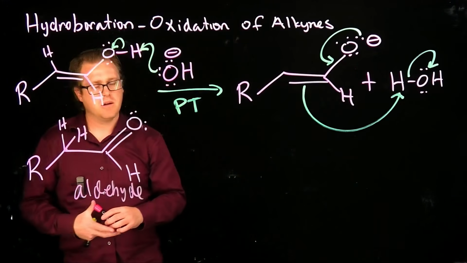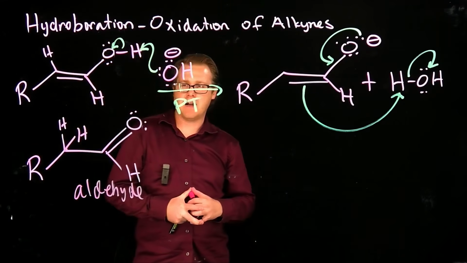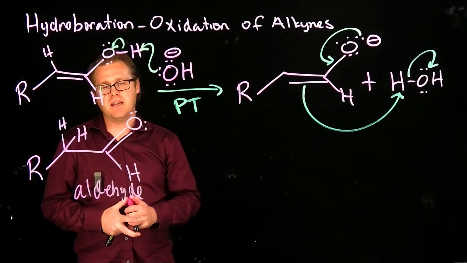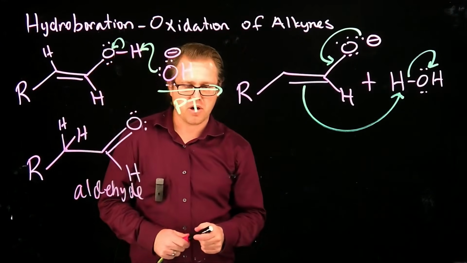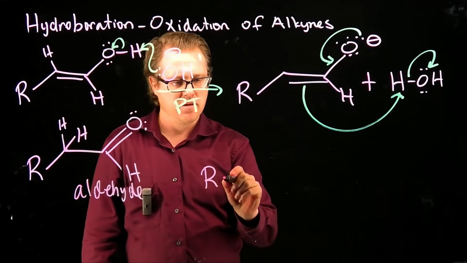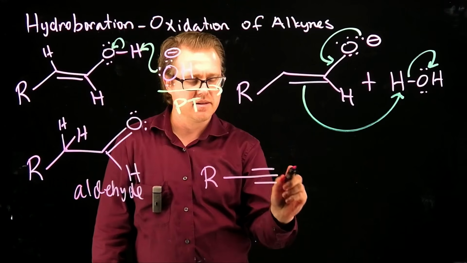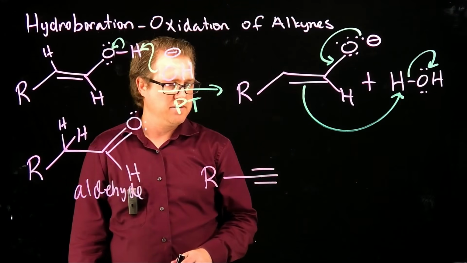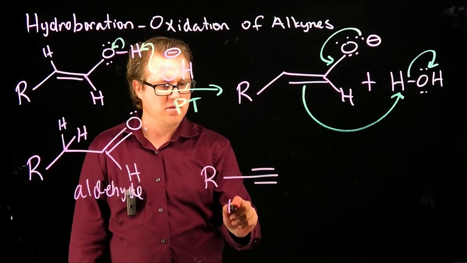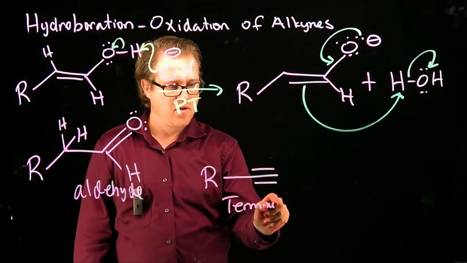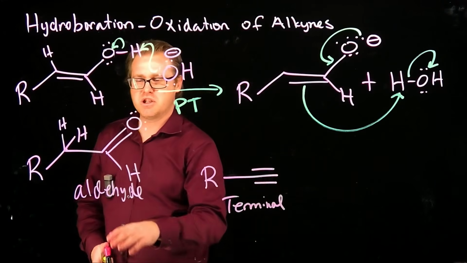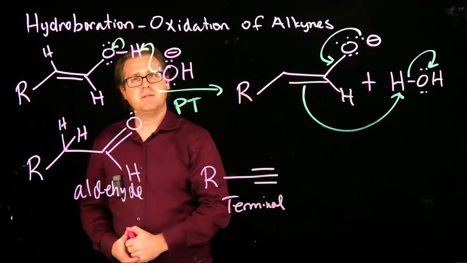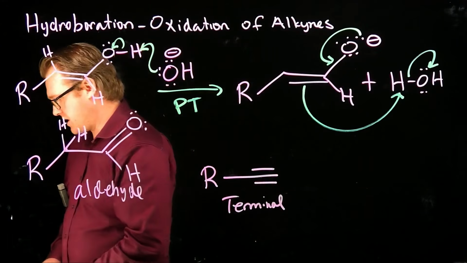So hydroboration oxidation of alkynes can give us an aldehyde. But remember our starting material, very important to see this. What type of alkyne was it? That was a terminal alkyne. So a terminal alkyne is going to generate an aldehyde under these reaction conditions.